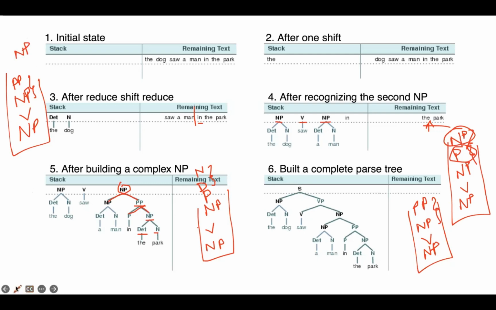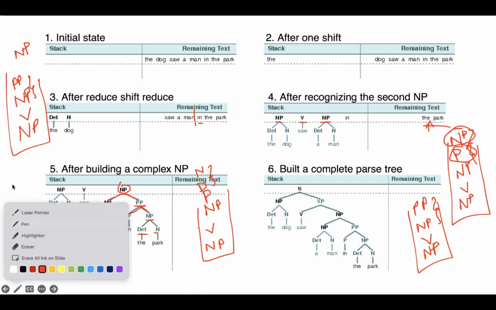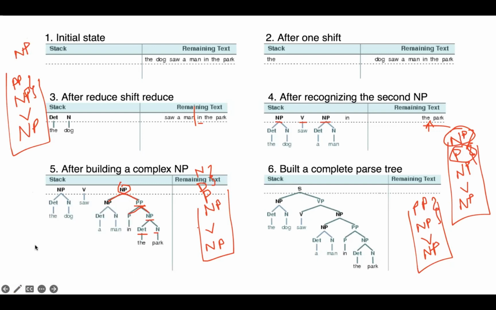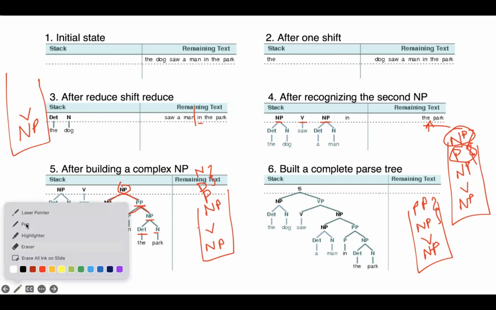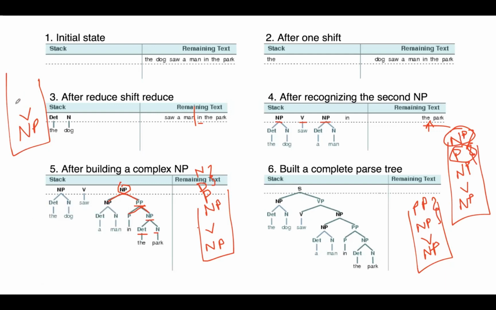After replacing those two items, we got NP. So now the stack has noun phrase, verb, and noun phrase.